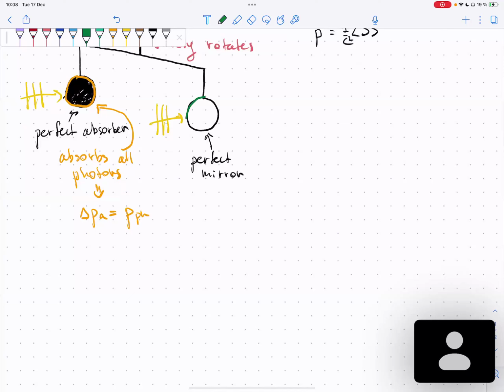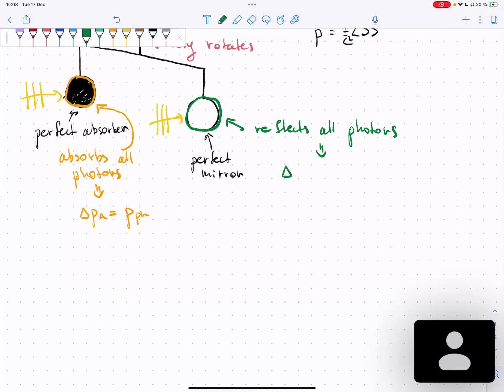And the perfect mirror reflects all photons, which basically means that the mirror changes the momentum of photons from p to minus p.